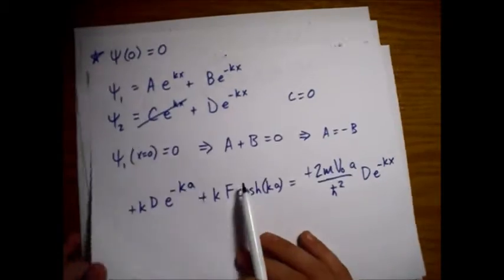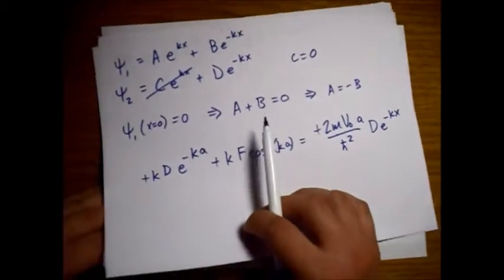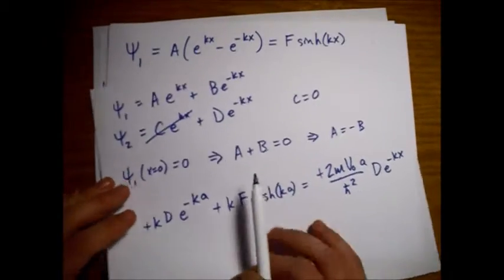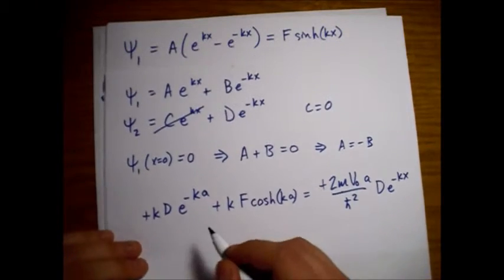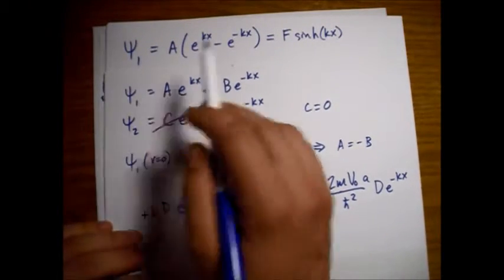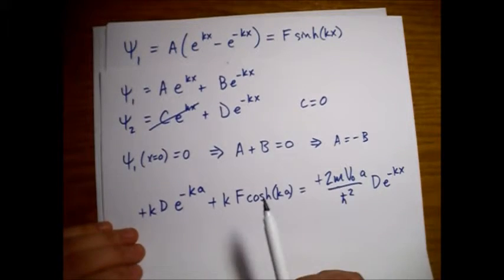Like we talked about, the wave function itself must be continuous. So our psi 1 at a must equal psi 2 at a, so that will give us another equation.